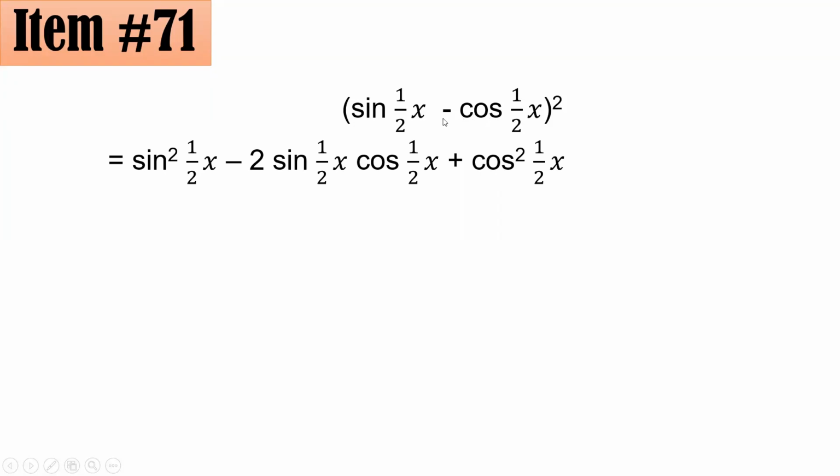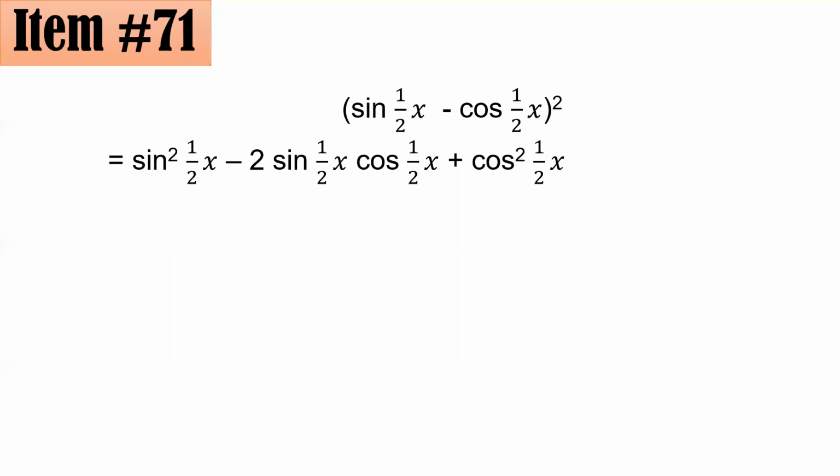But since it's minus here, it should also be minus here as well. That's negative 2 sine 1/2 x times cosine of 1/2 x. Added by the square of the last term. If you square negative cosine of 1/2 x, magiging plus cosine squared of 1/2 x po yan. I hope, can you follow po? Yes po.